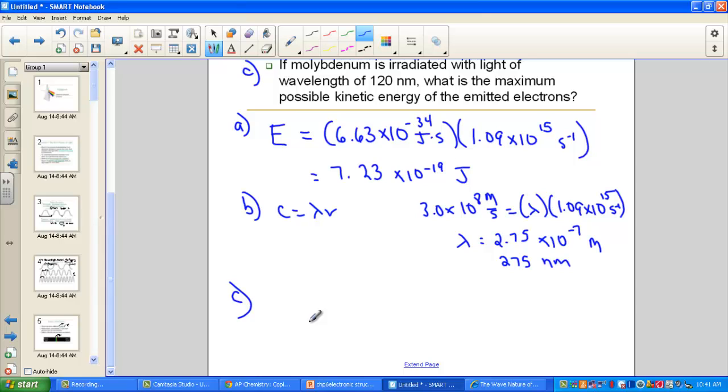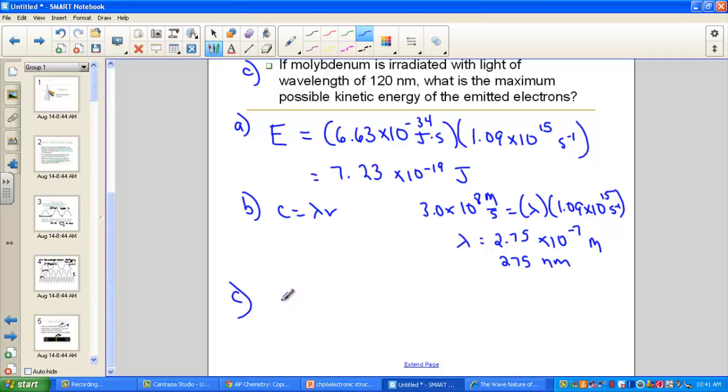If molybdenum is irradiated with light of a wavelength of 120 nanometers, what is the maximum possible kinetic energy of the emitted electrons? Well, all we're saying here is, here is the maximum, we were trying to find the minimum. So let's begin.